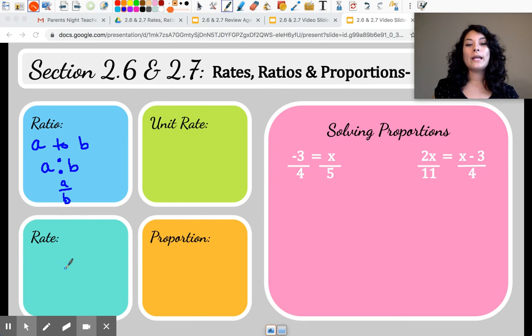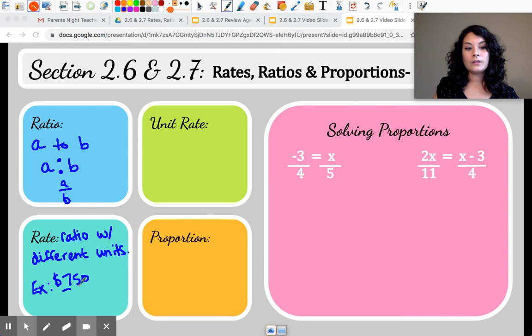Now let's talk about what a rate is. In a rate, you still are looking at a ratio, but your numerator and denominator have 2 different units. So I might actually write that, ratio with different units. So for example, you might have, I don't know, $750 every 3 days.